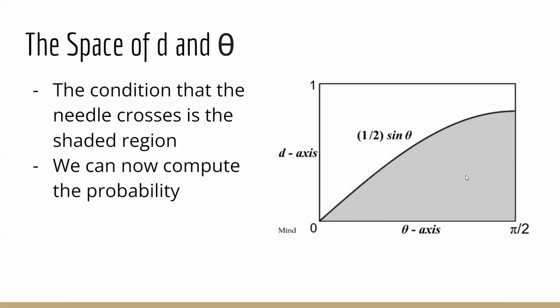And we can compute the probability by finding the area under this curve divided by the area of the whole thing. That makes sense because the universal event, everything happening, is this whole rectangle. So the probability that it crosses is going to be this shaded region.